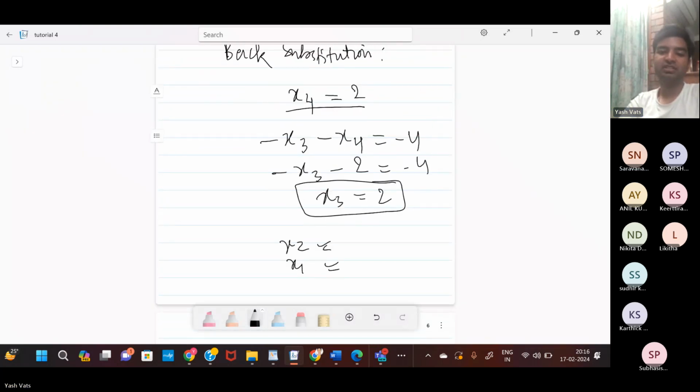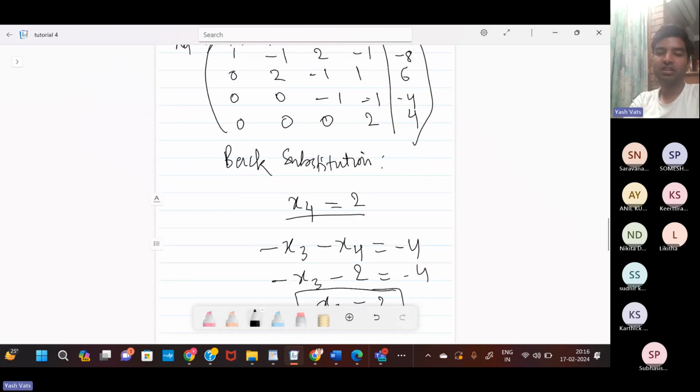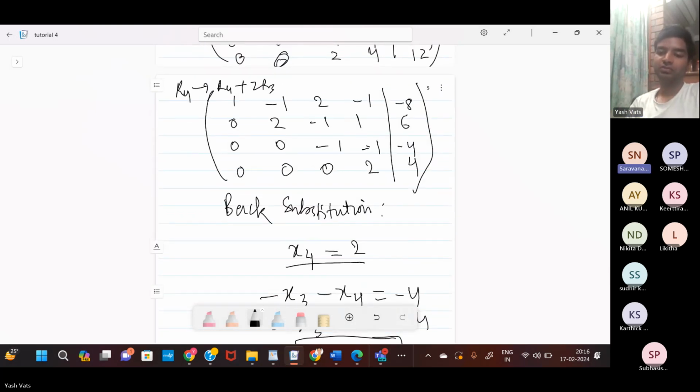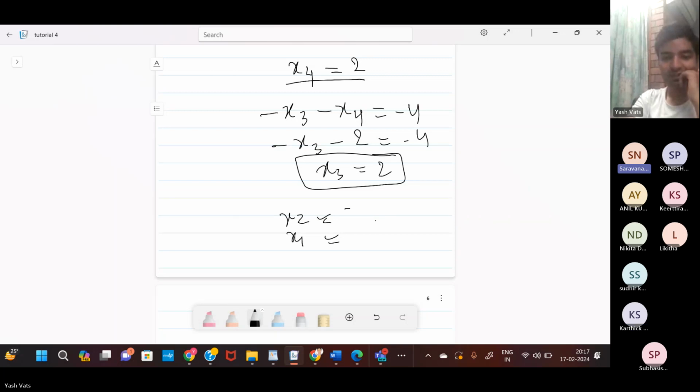And what is x1? Wait, I am hurrying, otherwise I will miss that symbol also. In exam, you have to practice, right? X2 is equal to 3, I think. Yes, that's the error. X2 is 3. And x1?